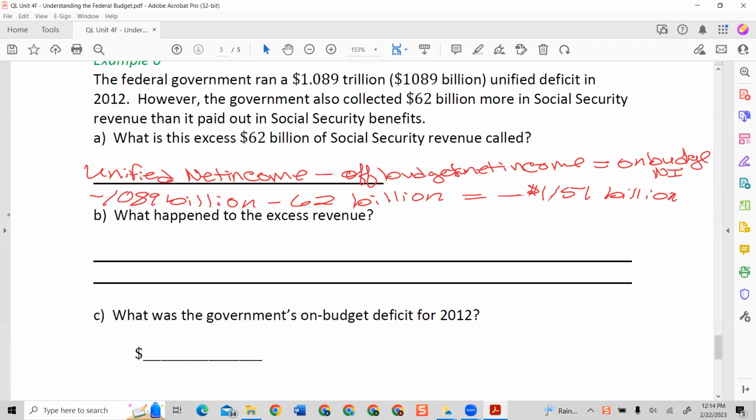So the amount by which the government actually overspent in 2012 was the budget deficit of 1,150. So what happened to the excess revenue? We're in the red, right? Moreover, because of other trust funds and other accounting details, the gross debt rose by even more than this amount. So this is like crazy.